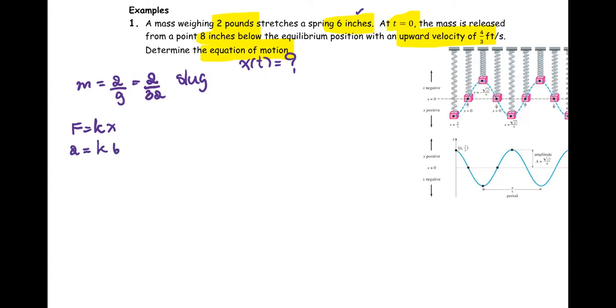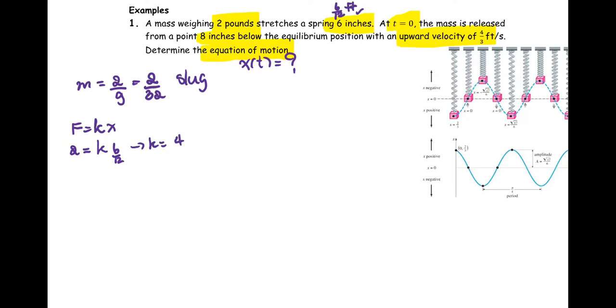We're going to change everything into the same units in the English system. So 6 inches means 6 over 12 foot, or 0.5. So then k equals 4. Okay, k equals 4 for this case, and the unit is pound per foot.